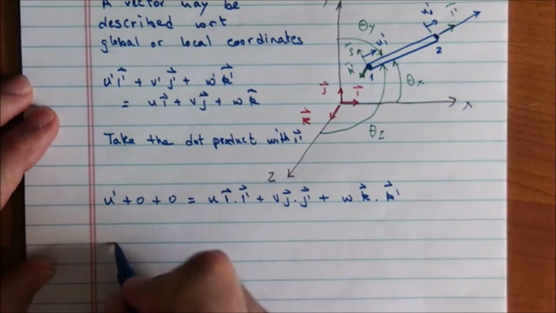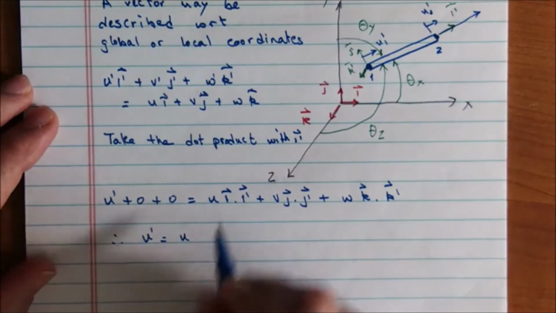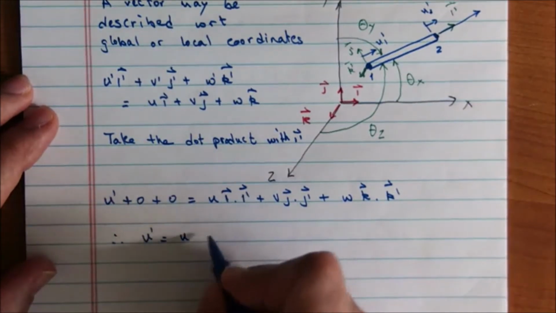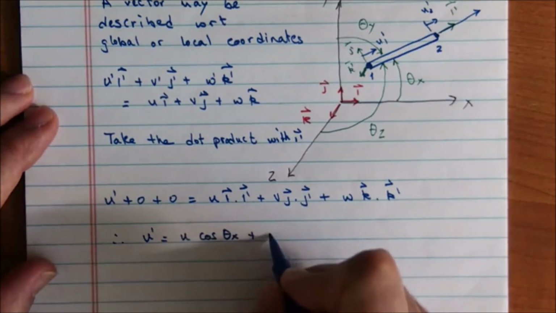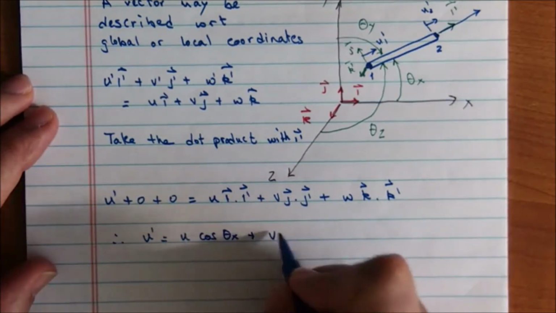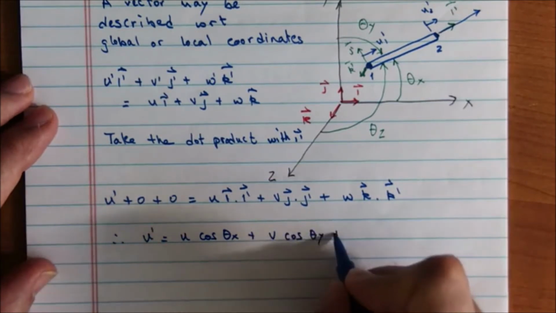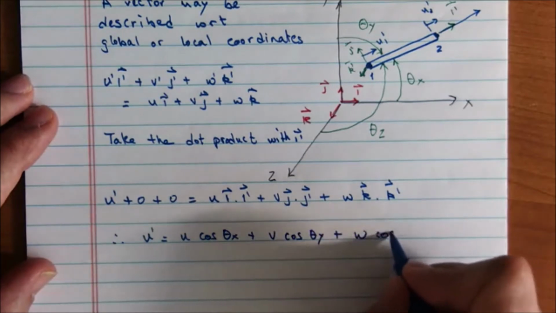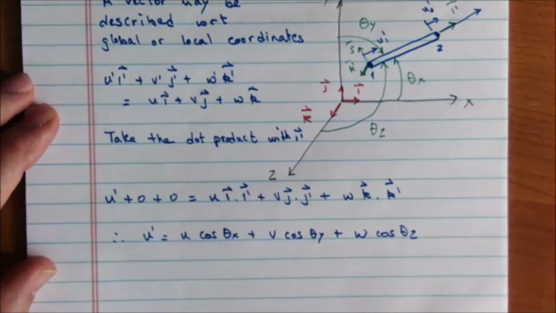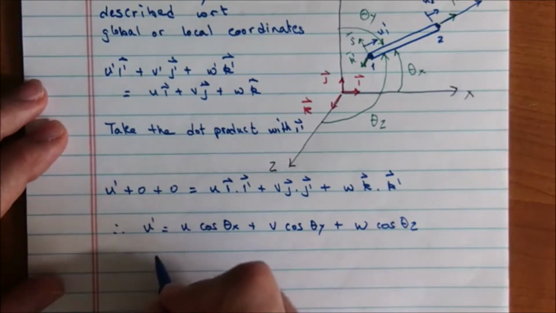Now we can solve for U prime as equal to U, and I dot I would be cosine theta x, plus V J dot J prime would be cosine theta y, and K dot K prime would be cosine theta z.